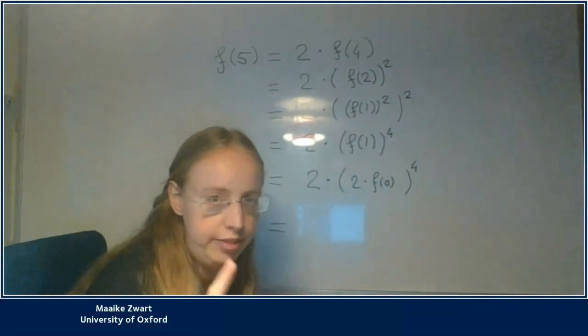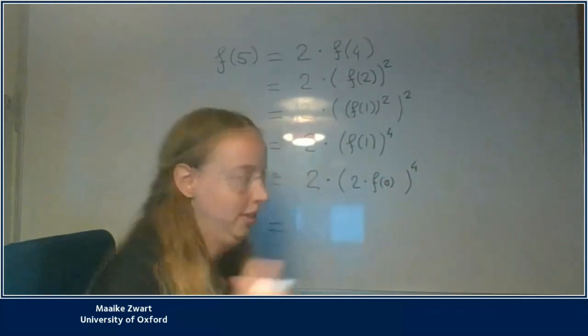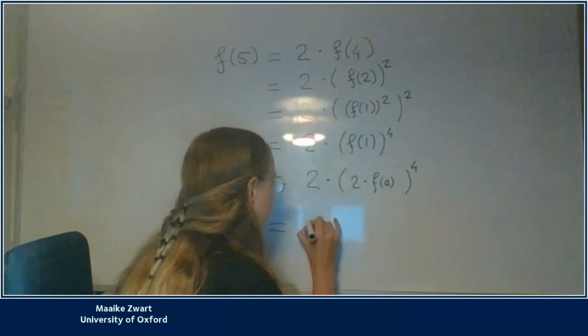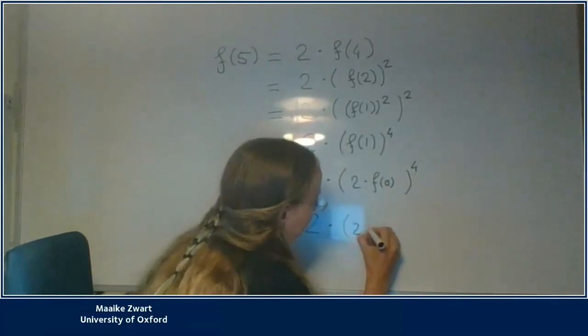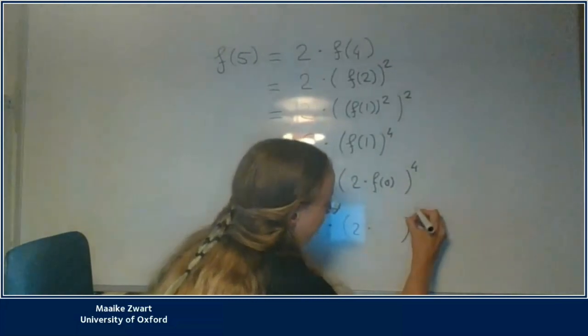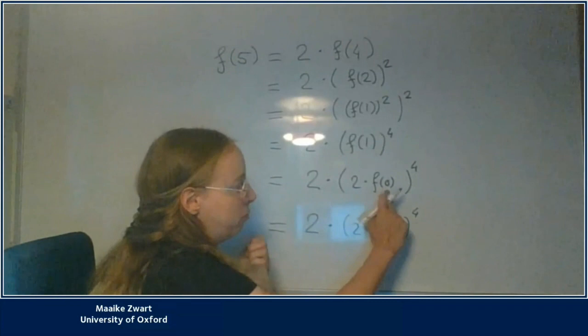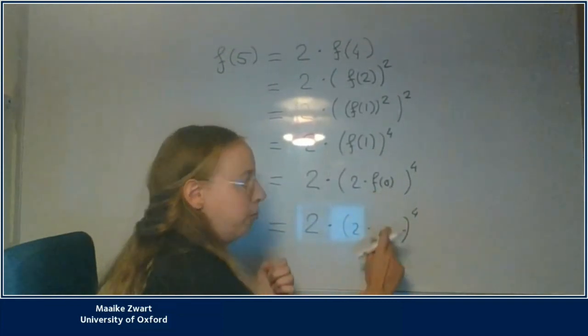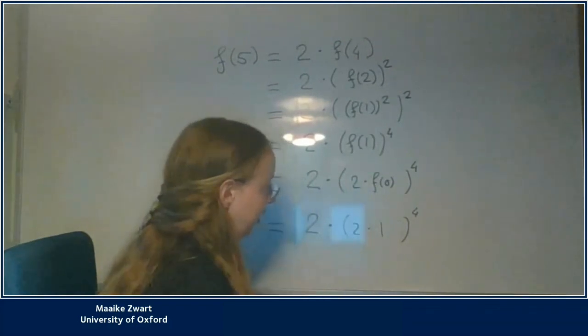So f of 0, that is good. f of 0 is given, that is 1. So I can insert that. So I do the whole framing again. 2 times. That is my framing here. And now I'm just going to replace this f of 0 by its value, which is given in the question, that is 1.